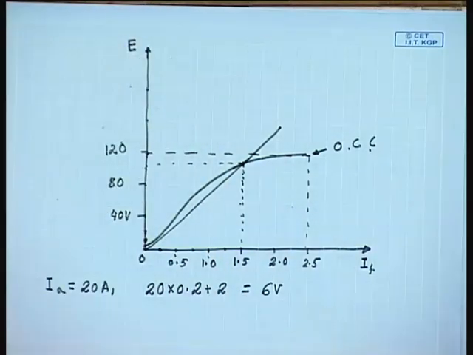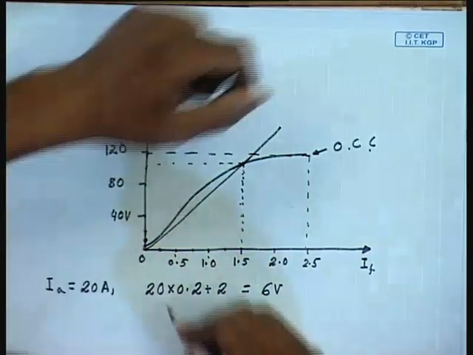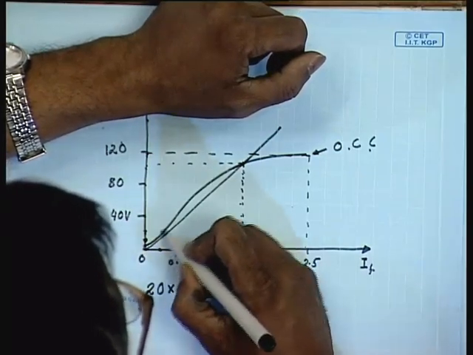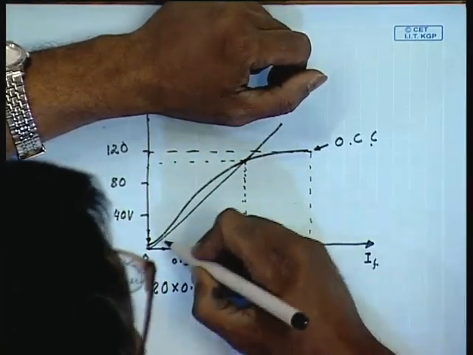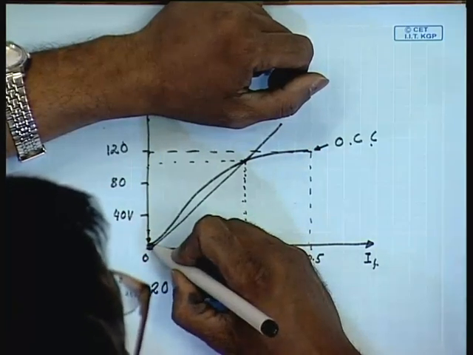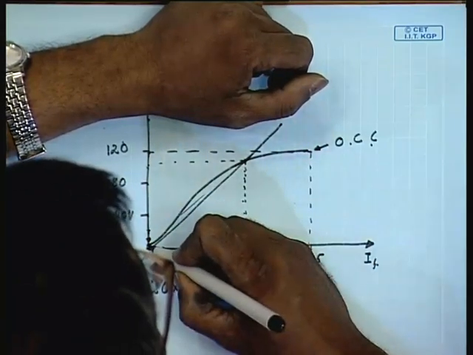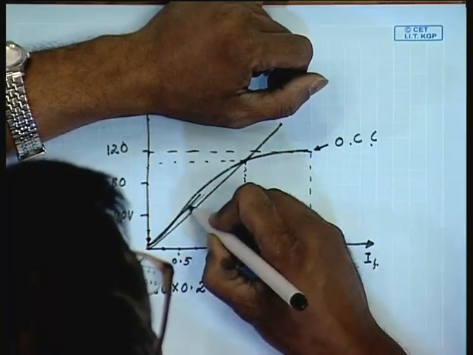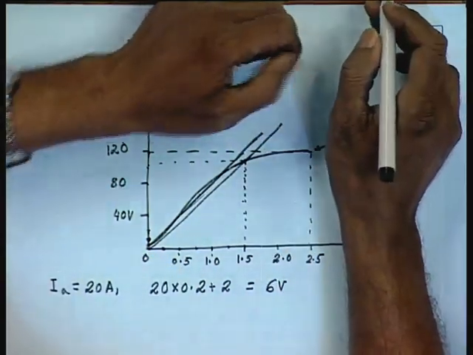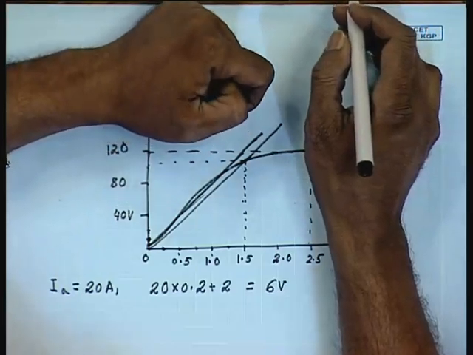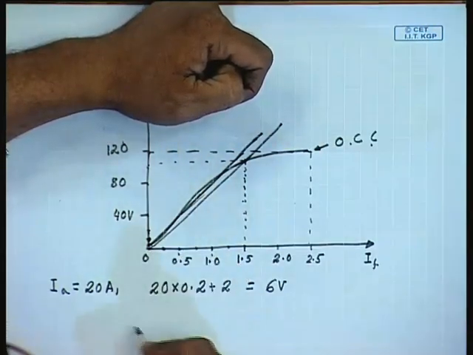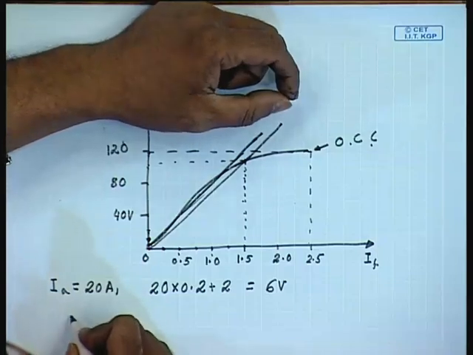So, corresponding to 6 volts we draw two lines, a line parallel to the field resistance line. This gives you two field currents.